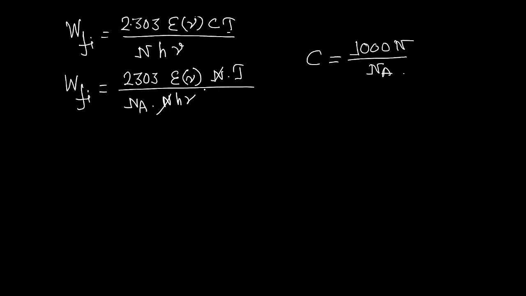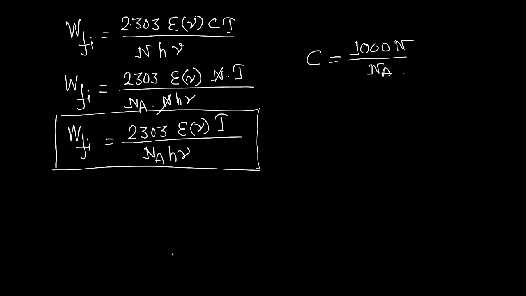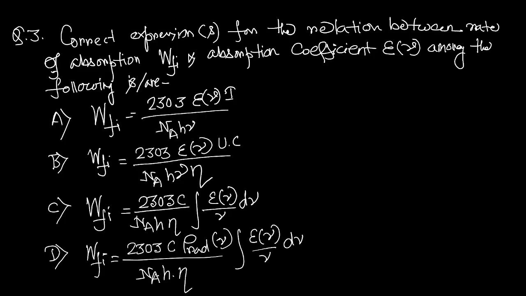So N will be cancelled, and then the expression we get is something like this. So this is an expression of 2f. Let's see if it is there or not. The first option given is actually the correct one.